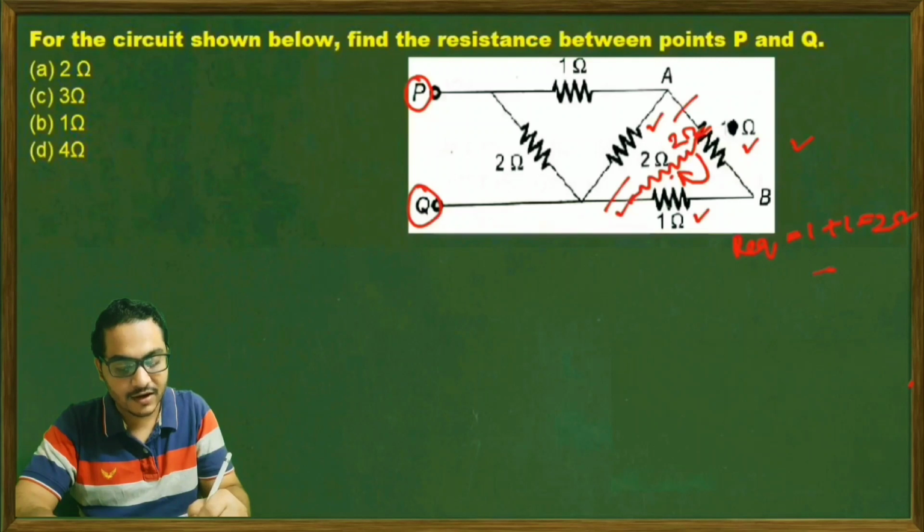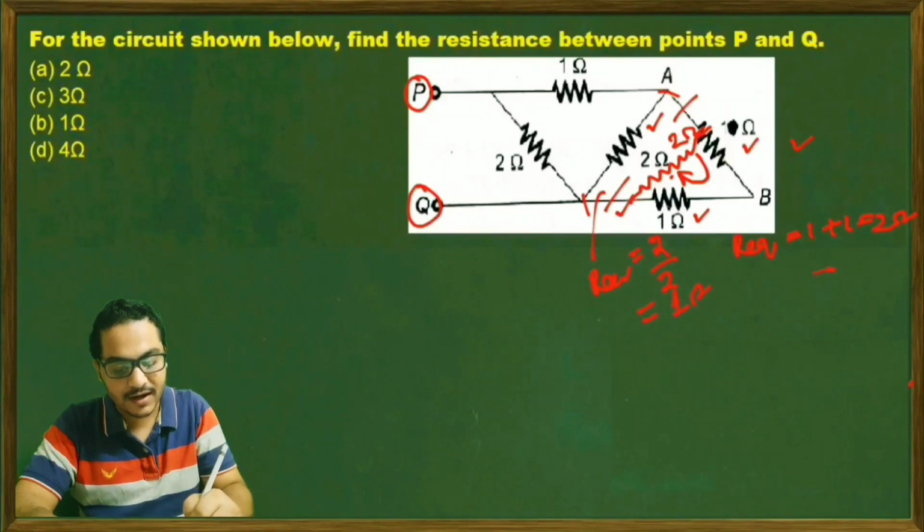Why? Because they are connected across the same two points. So in parallel combination, when the resistances are equal, the equivalent resistance R equivalent equals R by N. So R is 2, by 2, that is equal to 1 ohm.